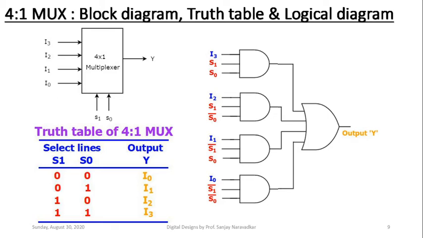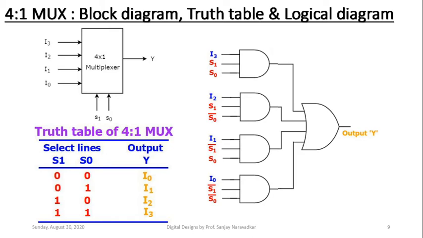The inputs which will be selected to steer are I0, I1, I2, I3, I4, I5, I6 and I7. It means the truth table will have 8 entries, 3 select lines S2, S1, S0 and a single output line to steer one particular selected input to its corresponding output.